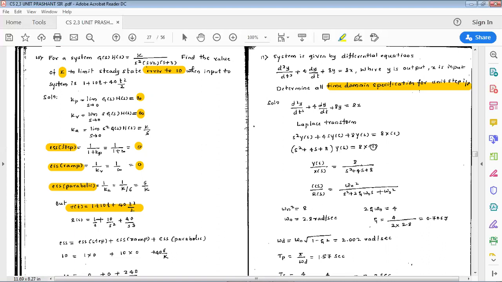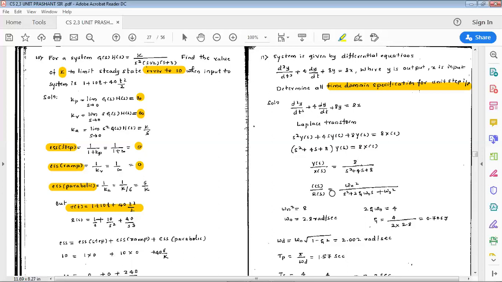So we need to write the output variable to input variable ratio. Y of s is the output variable here, X of s is the input variable. Therefore, Y of s by X of s is given as 8 by s square plus 4s plus 8. So, we need to compare this with the standard equation we have for the second order system. Let us see.